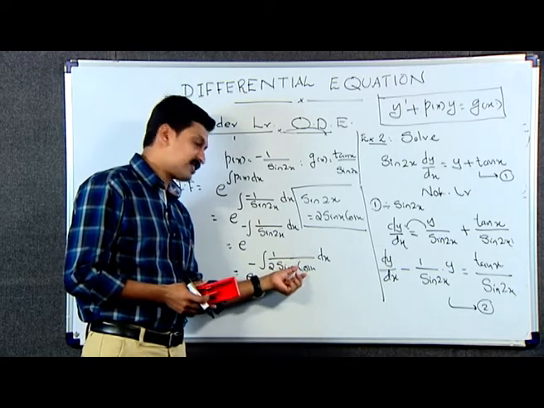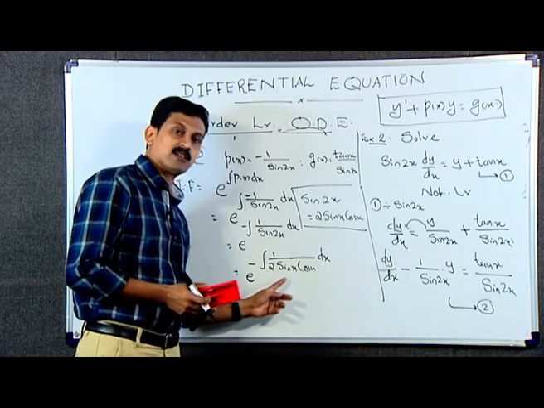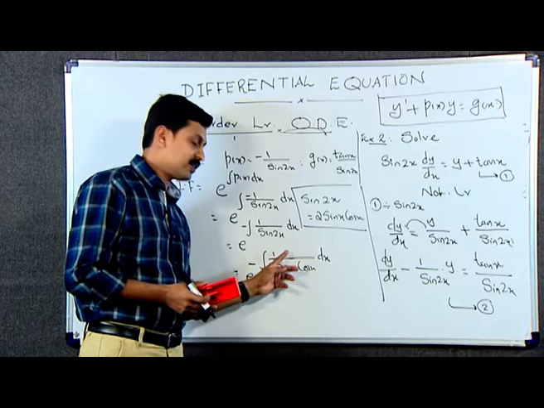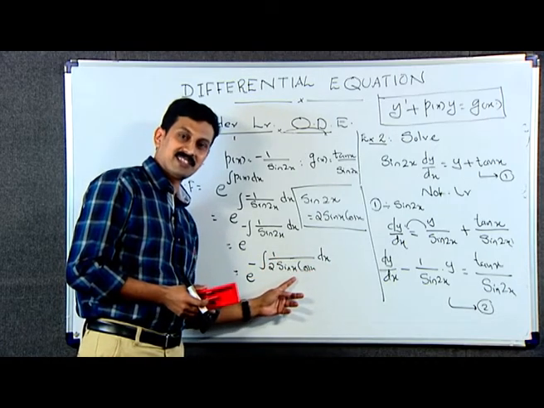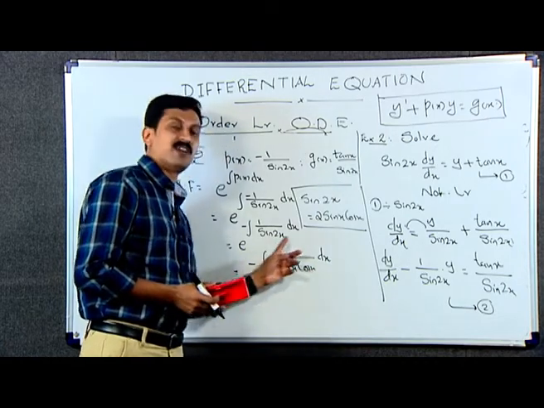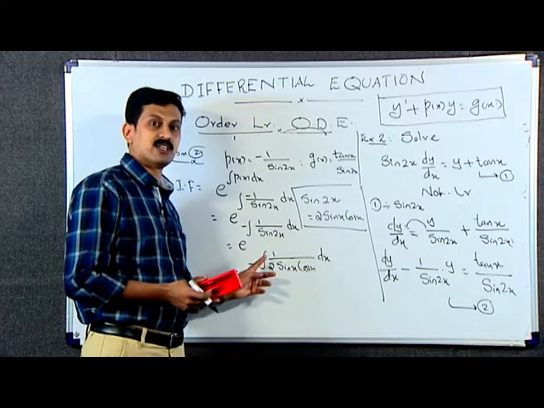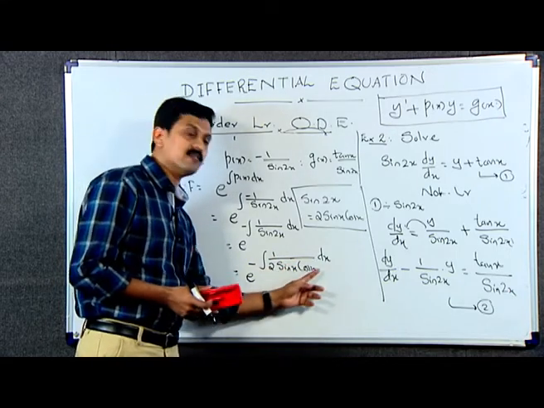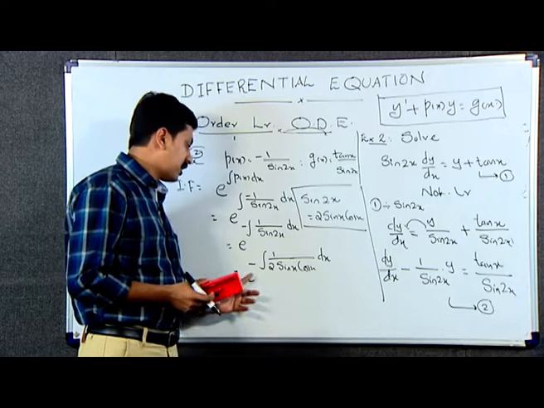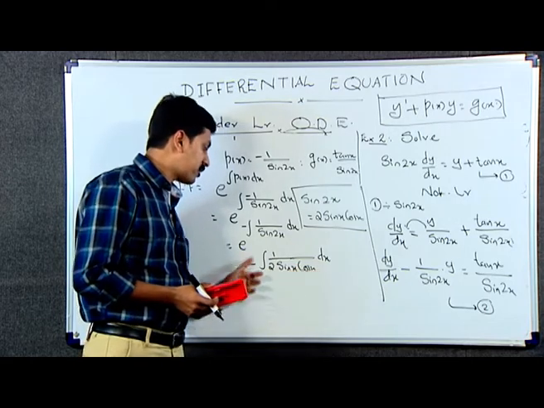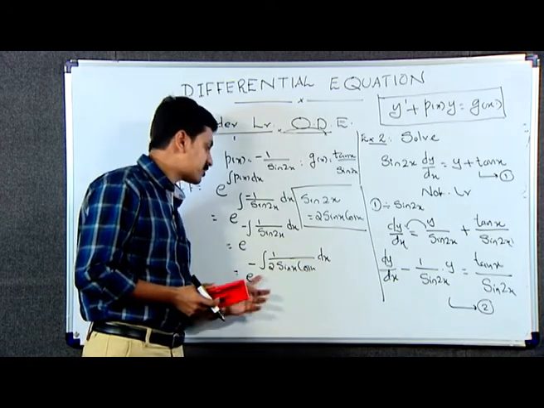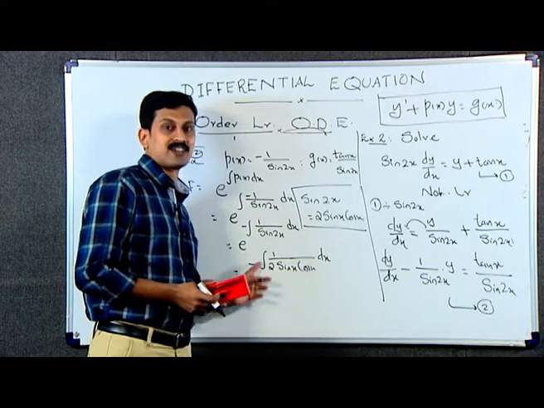If the denominator is a function whose derivative is the numerator, then we can use the substitution method, but we are unable to apply even the substitution method here. That is why we have to convert this to make this function a substitution method function.